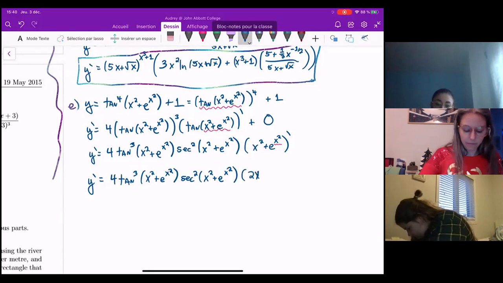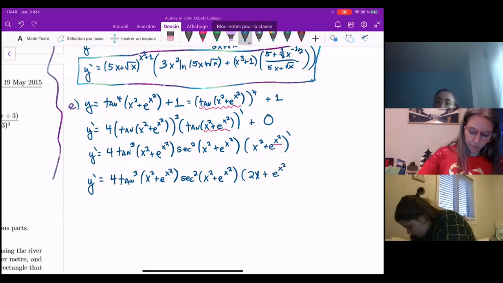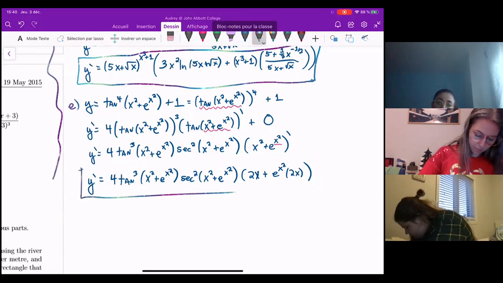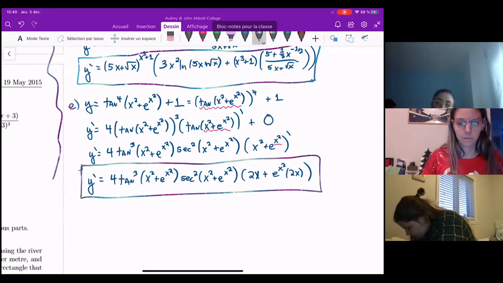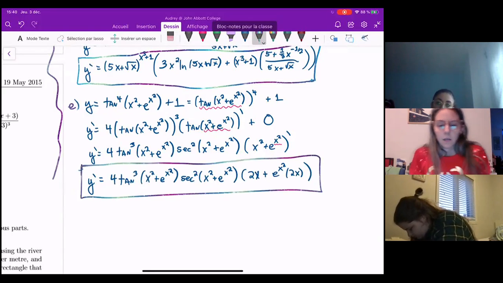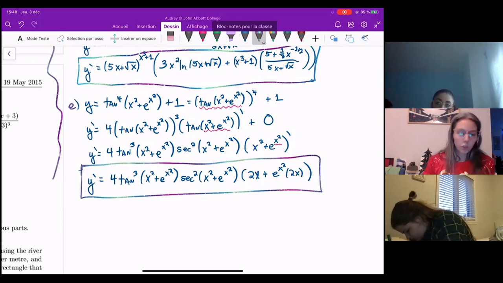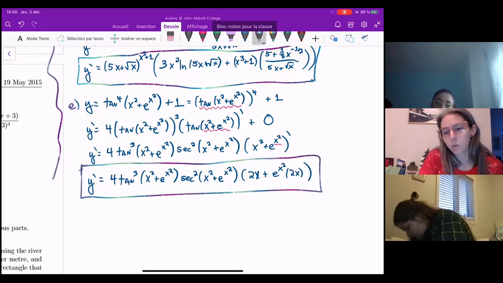And that is my final answer here. So this is one of the things that really trips people up with trig the most, that kind of power. And then also the thing that I had you guys do with the cosecant earlier, where you have the cosecant of e to the x, cotangent of e to the x.